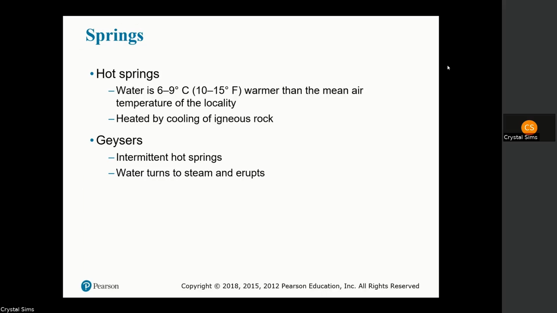Another definition that we can use is looking at the geothermal gradient, which is the temperature that we get with increasing depth. And when the groundwater is circulating at great depths, it becomes very heated. And as it emerges quickly to the surface, we get hot springs. And we have these fairly locally to us, Hot Springs National Park, so named because of the vast number of hot springs that we see in that area.